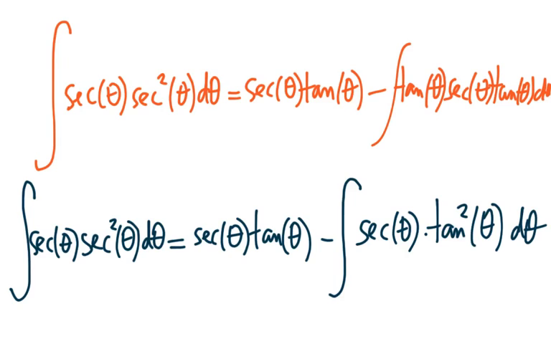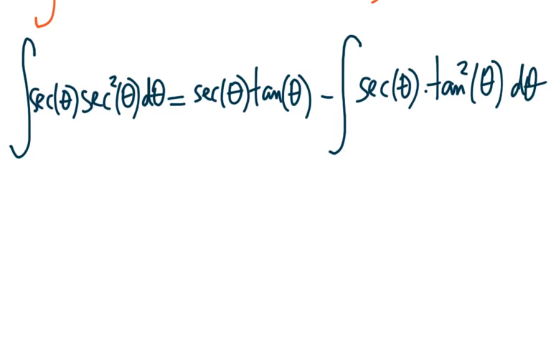Okay. Instead of doing integration by parts, let me change this tangent squared theta. So I have the integral of secant theta, secant squared theta, d theta.